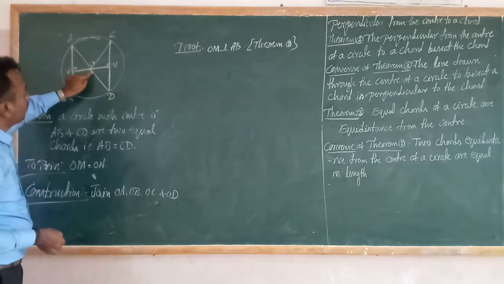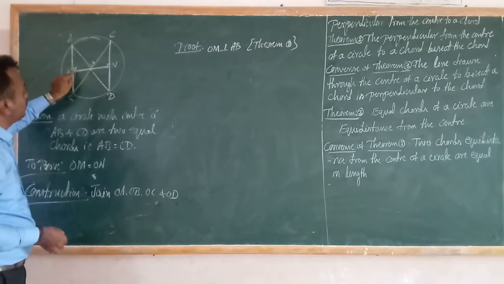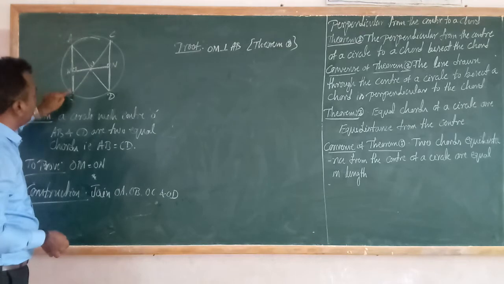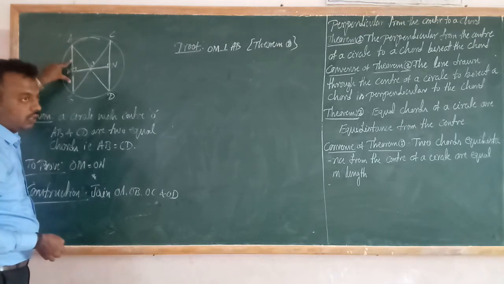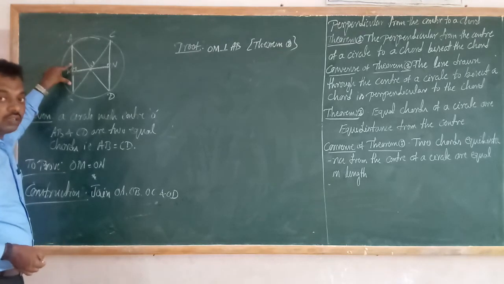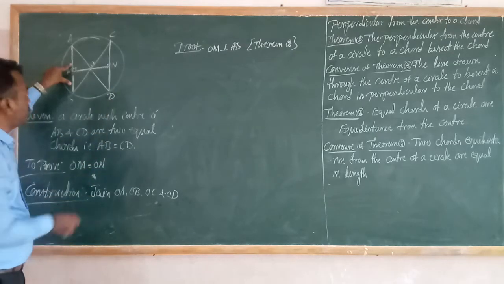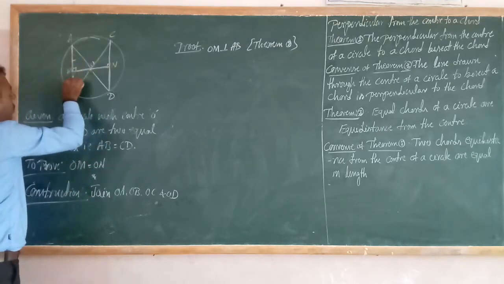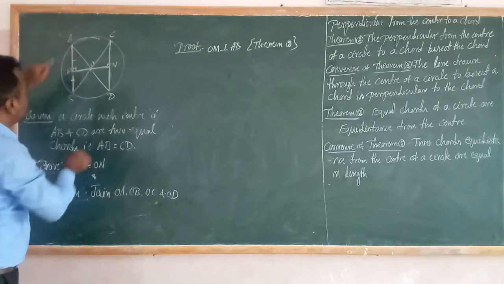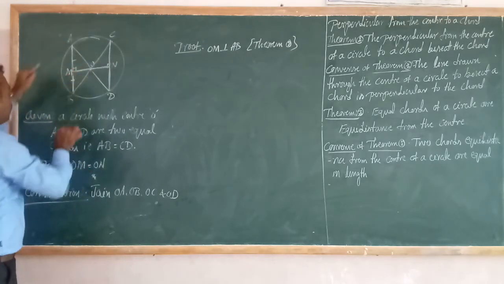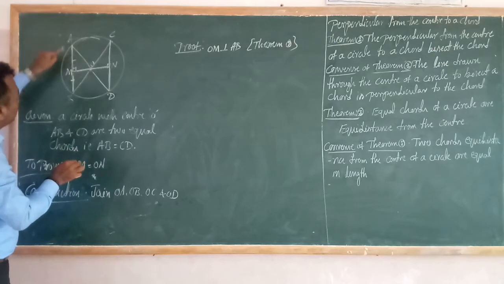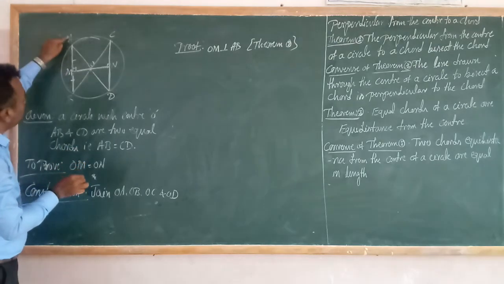That means the perpendicular from the center of the circle to a chord of a circle bisects the chord. That means OM is perpendicular to AB, so AM is equal to BM. So this AM length is equal to half of the AB.